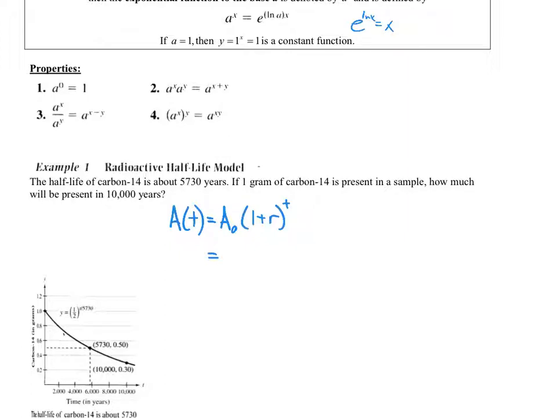Our a sub 0 is that starting amount. So 1, and it's 1 minus 0.5. You may have memorized some kind of a half-life formula in the past, but if you understand what you're doing, it's not too bad. Okay? Now, time. Our rate was a minus 50% per half-life.